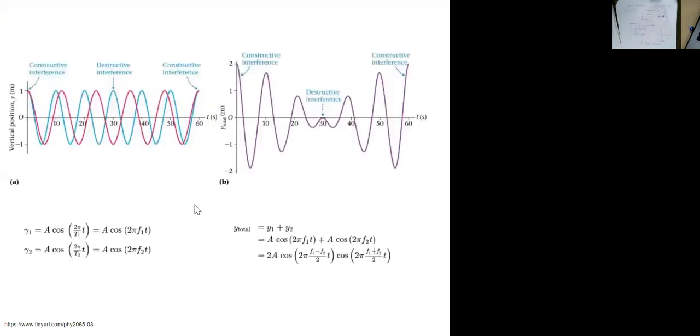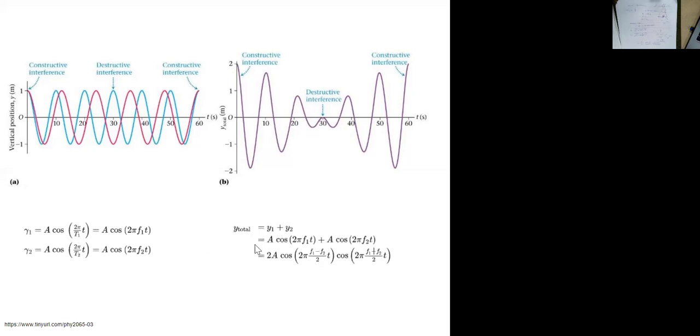This time I'm going to show you a wave function by a cosine function, but it could be a sine or cosine function, either way. In this case, with cosine functions, if their frequencies are slightly different from each other, then when you add the two up, this should be y1 and y2, not gamma 1, gamma 2.